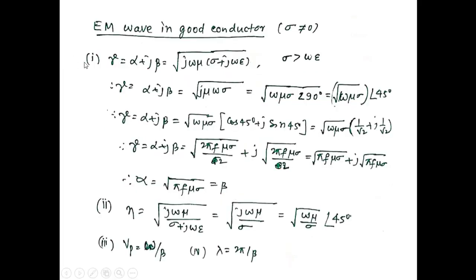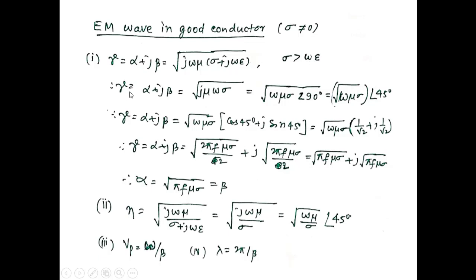Next, to solve the problem, it is for an EM wave in a good conductor. Here sigma is not equal to 0. Therefore, gamma is given by alpha plus j beta is equal to under root of j omega mu into sigma plus j omega epsilon, where sigma is greater than omega epsilon.